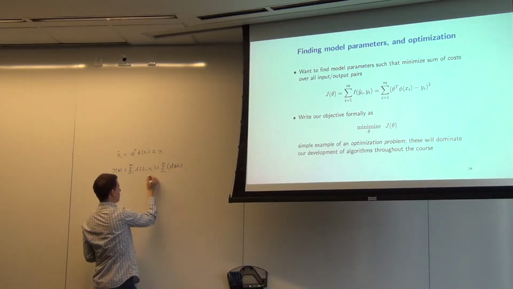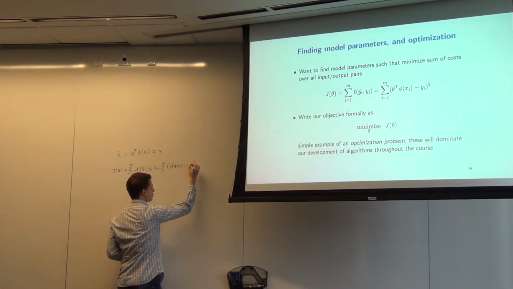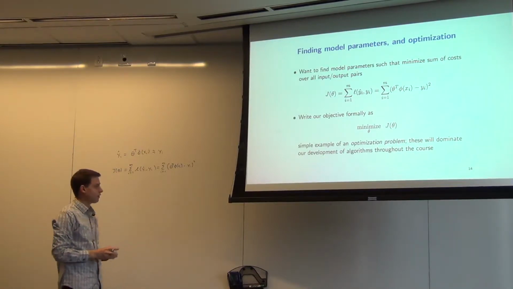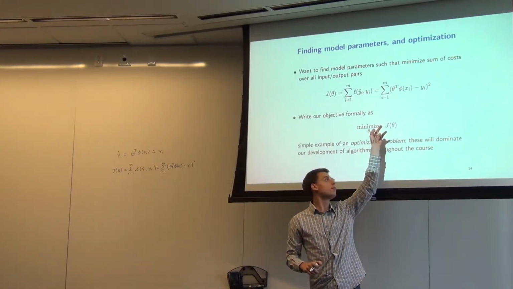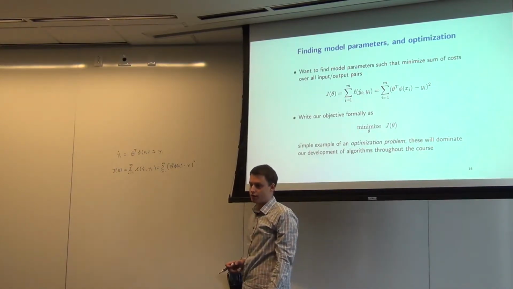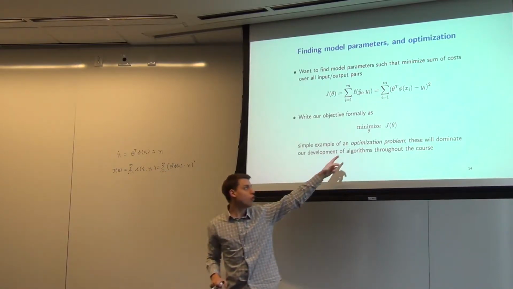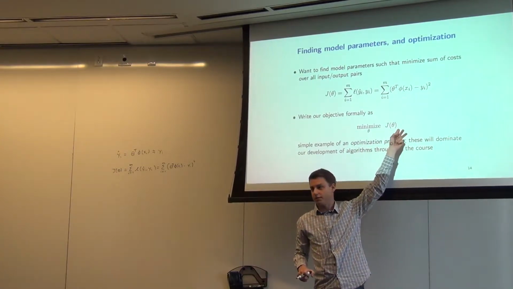This, remember, theta transpose phi of x_i is our predicted value. So we're trying to do that. And in particular, we want to pick the parameters that make this thing as small as possible. This is an example of an optimization problem. We are optimizing over theta to minimize this function here.